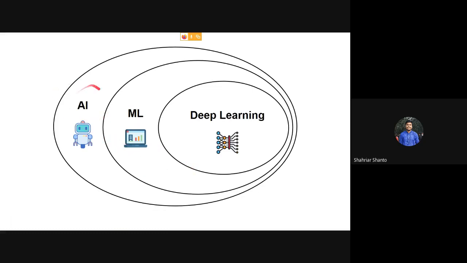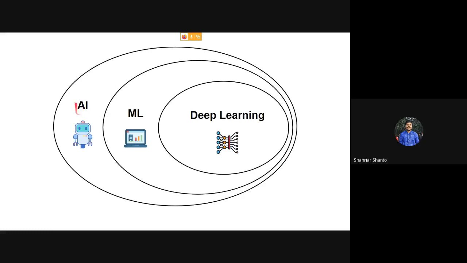AI is a big application-based field where people often try to make a system or a robot that can mimic human intelligence. We can do that with machine learning or without machine learning. So that's why AI has an area outside the area of machine learning. AI can be done without machine learning, but there's a limit to what it can achieve.